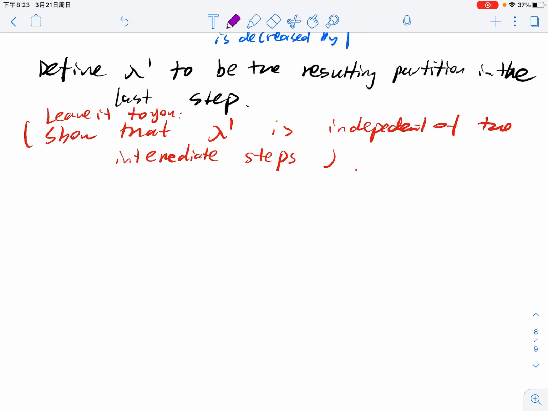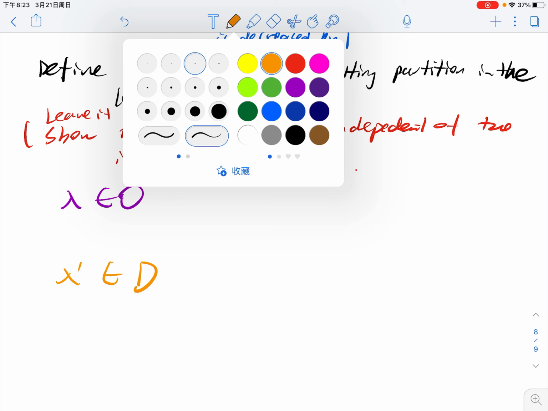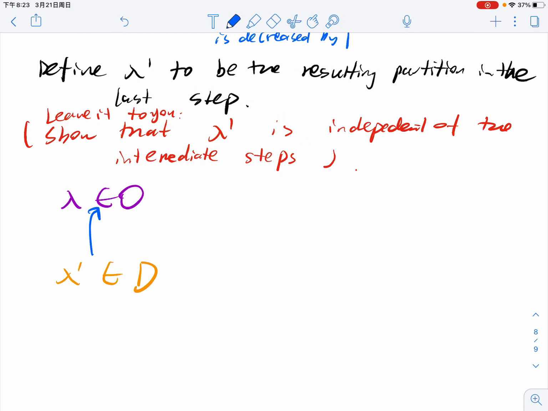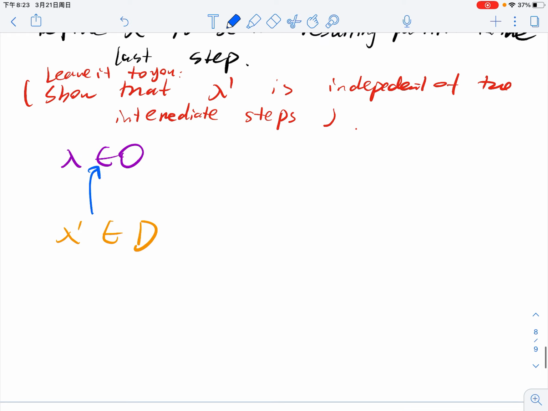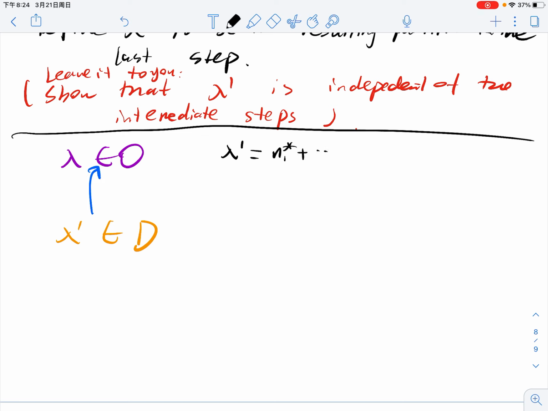Next, we are going to show the inverse direction. That is, for each partition in D, we construct a partition in O. Suppose lambda prime is n1 star plus all the way to nm star. Here you can assume the decreasing property.